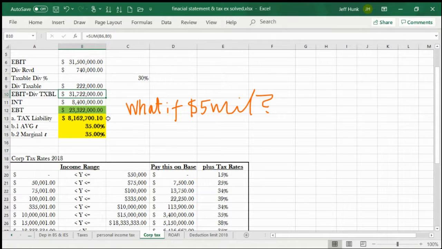But in corporate tax, the dividend is not taxed at a separate rate. Dividend is all lumped together with the taxable income, with the rest of the corporate income.